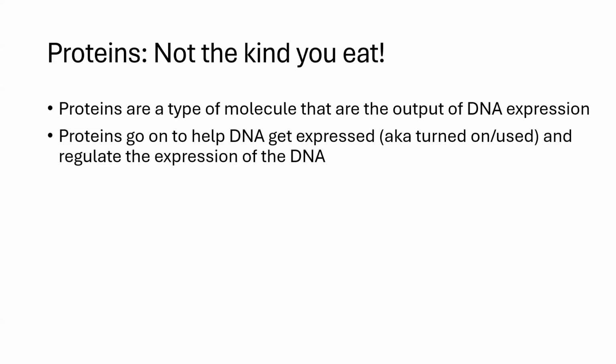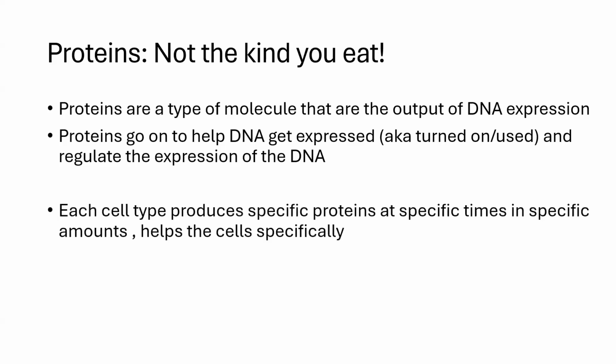So proteins are molecules that help DNA and tell DNA when it should work and how it should work, and they regulate the expression, meaning when it gets turned on and used. Each different type of cell uses specific proteins at specific times and in specific amounts.